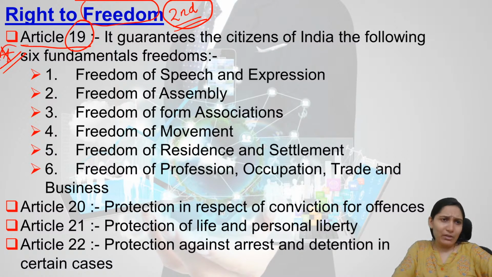Even though it may not be important for your examination, it's very important in your day-to-day life. In current affairs, there are a lot of issues related to Article 19, especially when the Citizenship Amendment Act, the CAA, was passed in Parliament. There were protests going on everywhere, especially in Delhi.